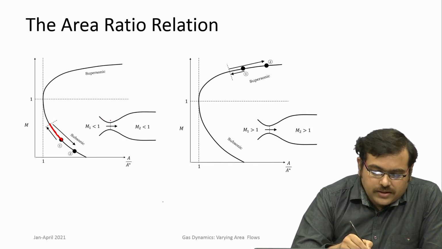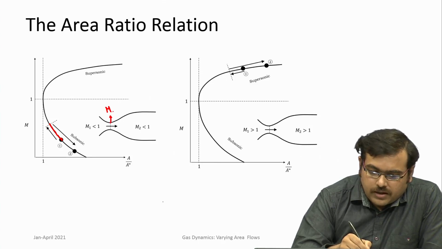So it reached a certain increased Mach number at this point. I will call it M throat. Usually this small area is called the throat. M throat is greater than M1, but it is less than 1.